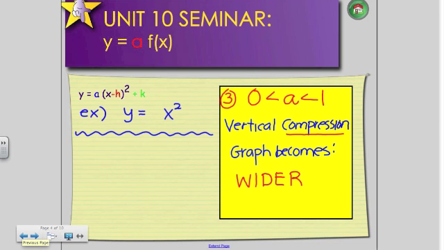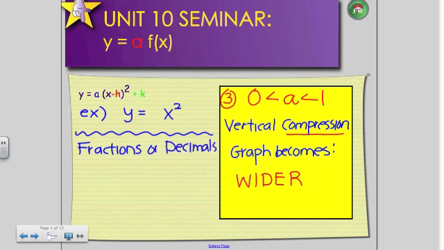What do we call numbers that are in between 0 and 1? Decimals, that's one thing. What's another term for numbers that are in between 0 and 1? You hate them. Fractions. So whenever you see fractions, you got it right away when I said you hate them. Fractions or decimals.